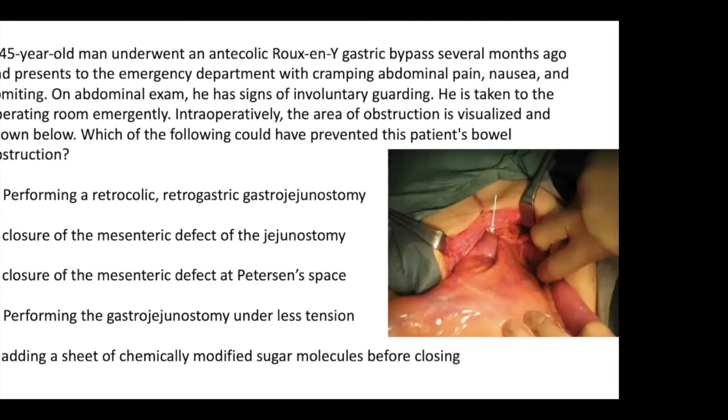A 45-year-old man underwent a colic removal months ago.